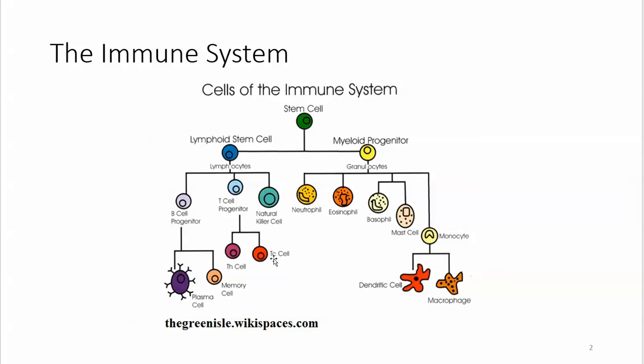The T cytotoxic cells are CD8 positive, and they release chemicals that kill viruses and cancer cells. Okay, now these guys, in order to do this, the T helper and T cytotoxic, they have to have the antigen presented to them. And again, we're going to talk about that in the next slide.